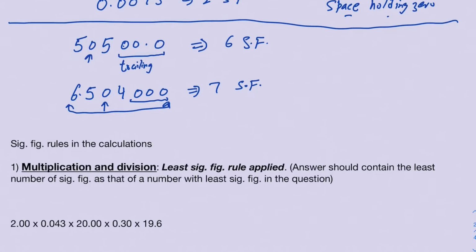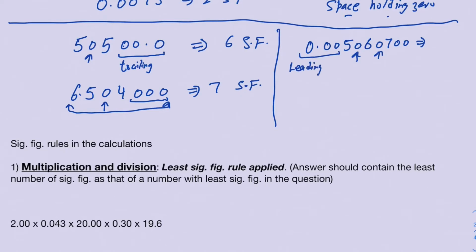Let me take another example. What if I have 0.005060700? How many sig figs in this case? I have two zeros between the non-zero digits, so those will be counted as sig figs. Then the space-holding zeros are also called leading zeros, and leading zeros are never sig figs. What about the last two zeros?